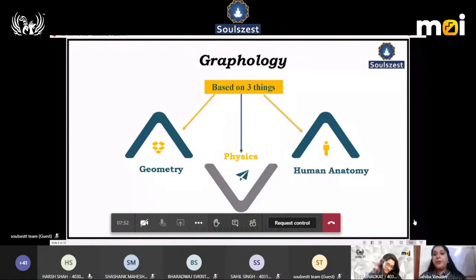So why physics? What were the topics that we used to study in physics? Speed, force. This is what we have studied in physics. These things are very important in graphology also. If I say pressure, people who have heavy pressure handwriting, like if I write like this, this is heavy pressure.